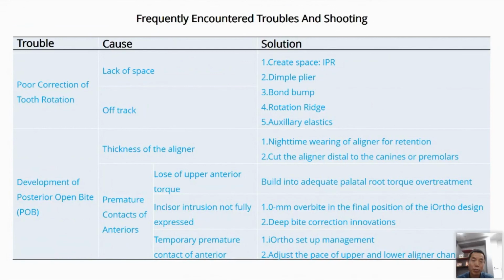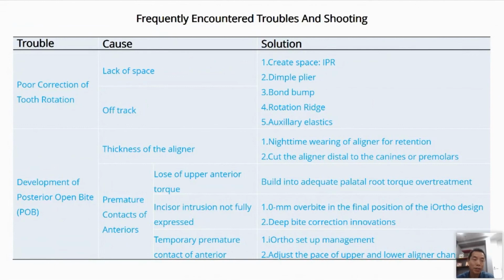Also, we can use a rotation ridge in the refinement stage, or we can use auxiliary elastics to correct the severe rotation that cannot be efficiently achieved by the clear aligner.